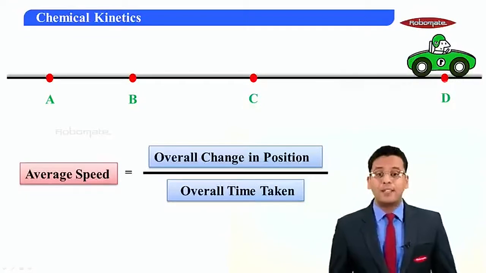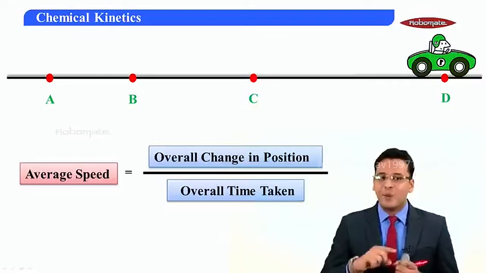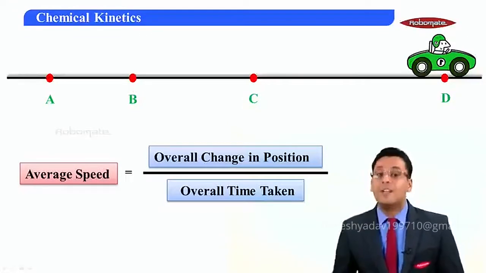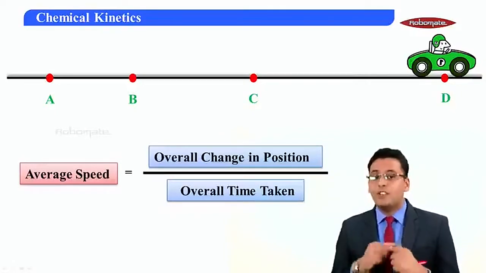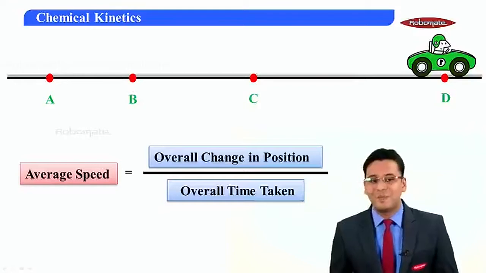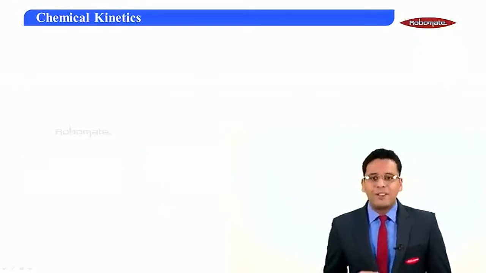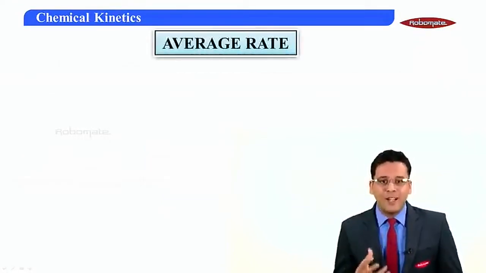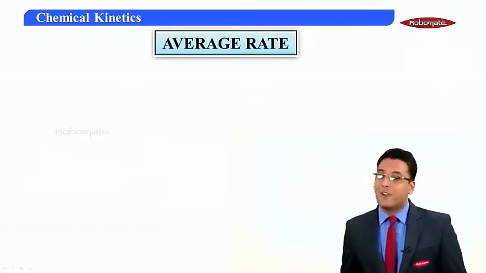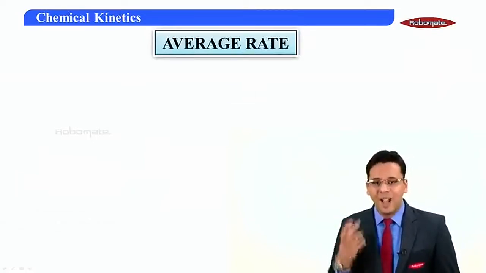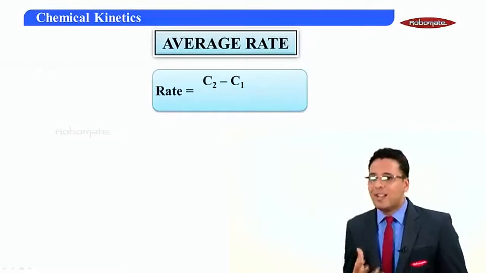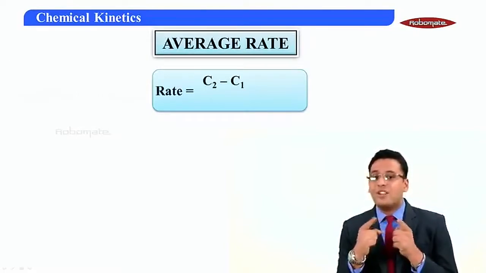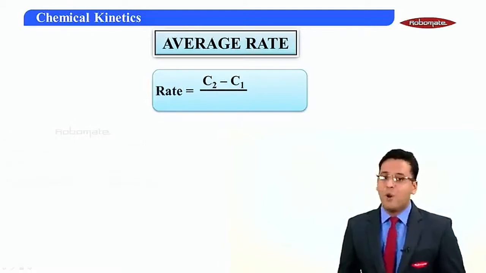If I take the same idea and apply it to a chemical reaction, we know that instead of position, the concentration will change. So if I have to find the average speed or average rate of a chemical reaction, I can say that this rate is nothing but C2 minus C1, that is overall change in concentration upon overall time taken.